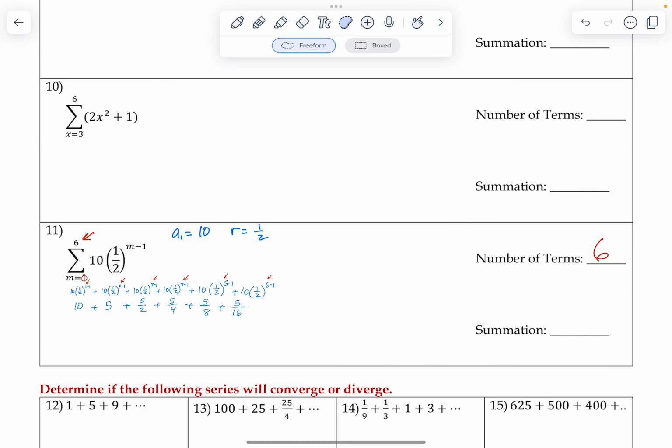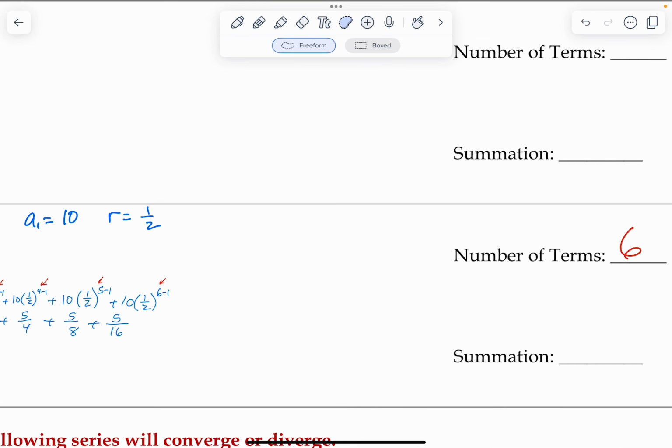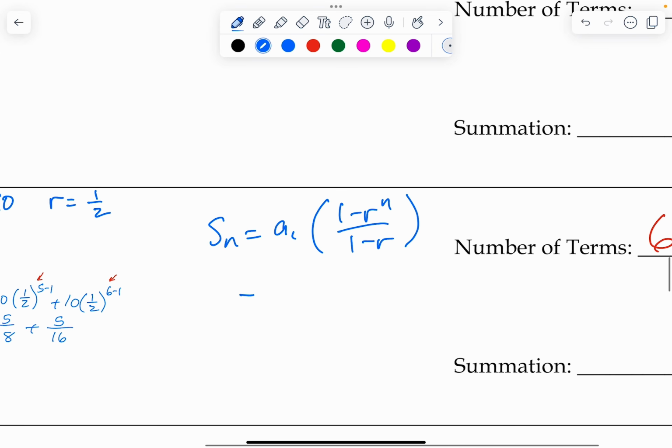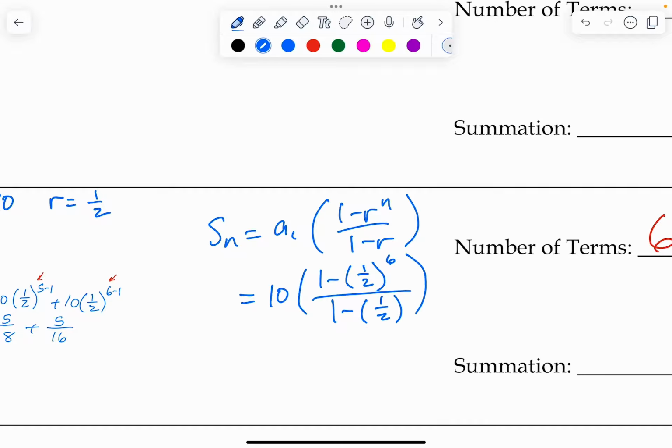Okay, there's that. I can now use the formula S sub n equals a sub 1 times 1 minus r to the n over 1 minus r. And we can say, well, the first term we said was 10. We have a common ratio of 1/2, and we're finding the sum of 6 of them, so that's to the 6th, minus 1 over, there we go.